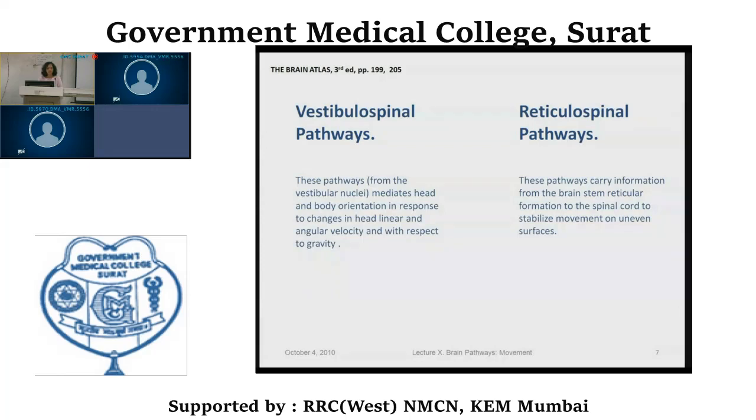These vestibulospinal pathways mainly control the movement of the head and balance the body and head during linear acceleration and angular acceleration. These vestibular nuclei receive inputs from the semicircular canals and the otolith organ.